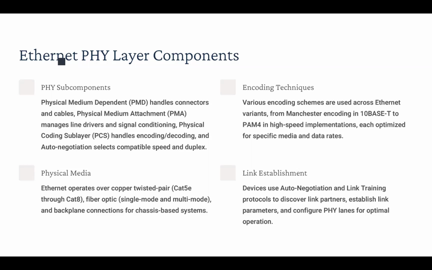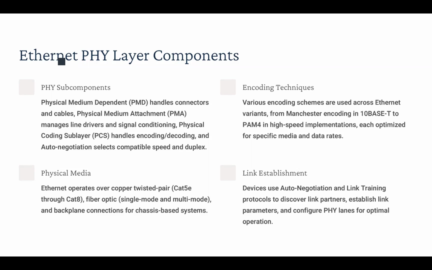The subcomponent in the Ethernet physical layer is, as we said, the PMD, which defines the electrical, mechanical, and optical specification for the transmission medium. The physical medium attachment is responsible for signal conditioning, clock recovery, and bit-level alignment, which serves as a bridge between the raw physical media and the higher physical logic.